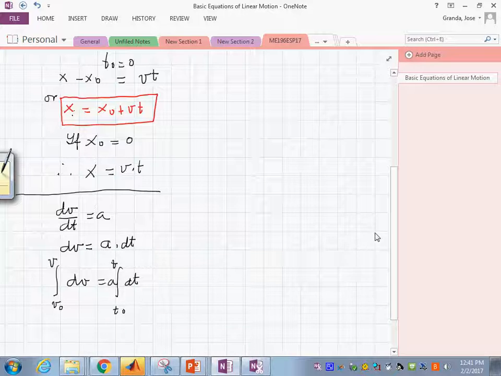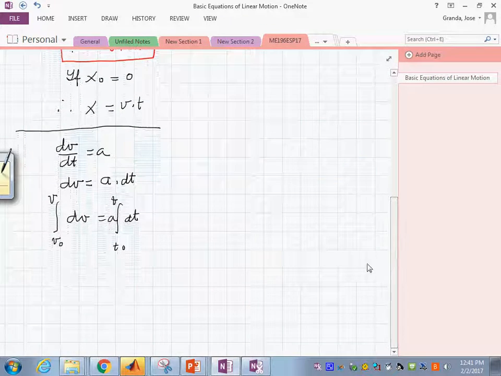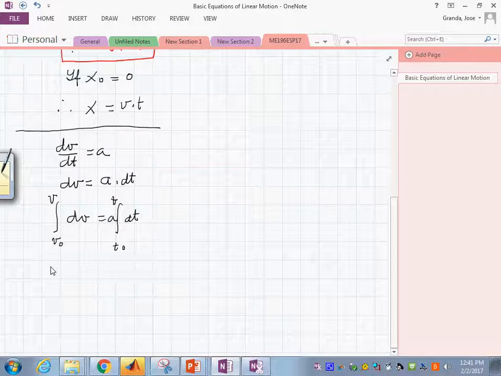Very similar to what we did before, the integral would be v between the limits of v sub 0 and v, and this would be a times time between t sub 0 and t, right?